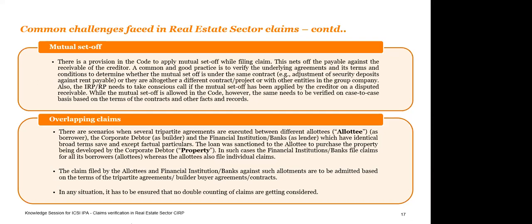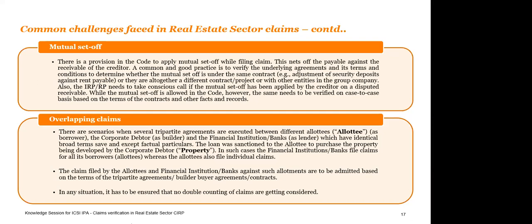Now we will look at some of the overlapping claims. What are the overlapping claims that we see in the real estate sector? We are discussing tripartite agreements, where the allottees take home loans from financial institutions or banks, and there is a tripartite agreement between the builder, the allottee or home buyer, and the lender who is giving the home loan.